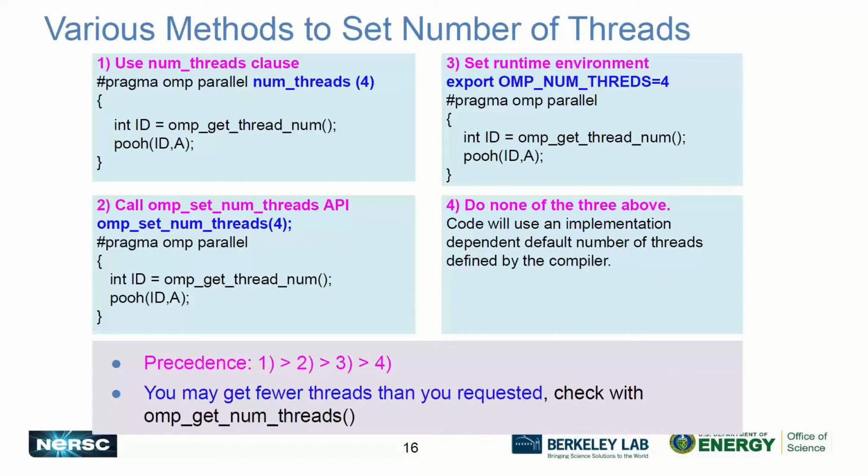Probably using a clause is best for that level of control. Then outside of that region, without a num_threads clause, you would use the OMP_NUM_THREADS environment variable to control the number of threads used.